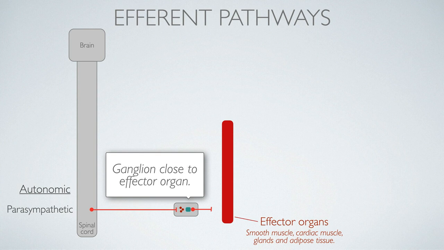Okay, so now I'm going to explain what that rectangle is. This is a ganglion. So this neuron resides within a nerve. A nerve has a series of neurons that are all running parallel. And what you see if you trace a neuron for the parasympathetic nervous system is that there's an enlargement of that neuron at a certain point.